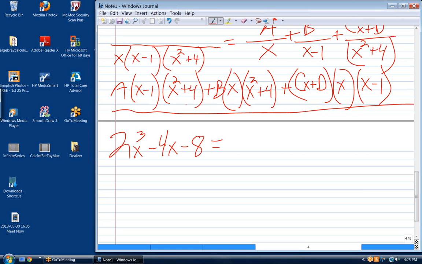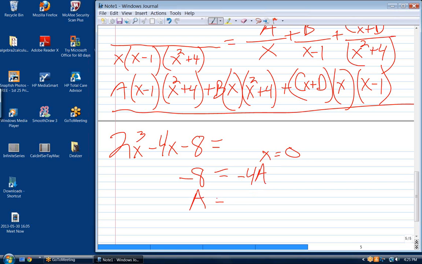So now, are there any convenient values that we can set x to that will allow us to solve for one of these variables? 0. Okay, that'll get rid of the B and the C term. If we let x equal 0, minus 8 is what we get on the left, and when we plug in x of 0 here, we get minus 4A.